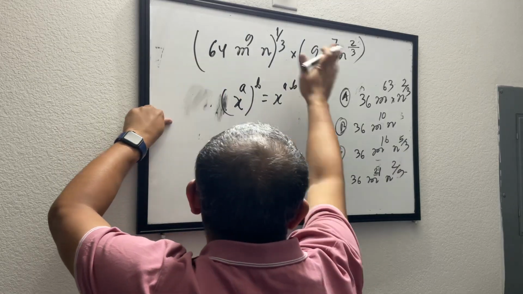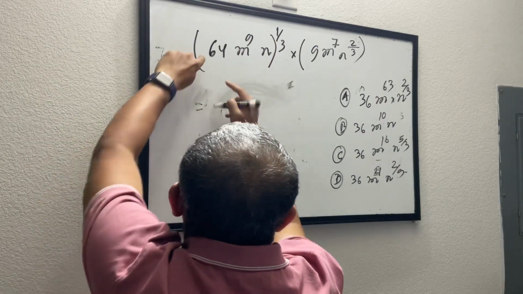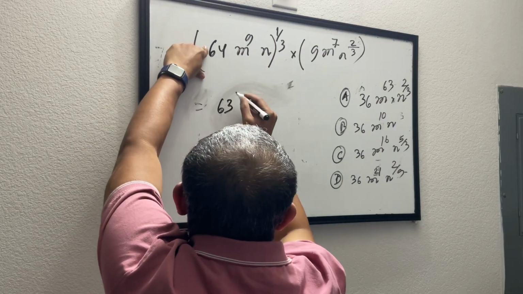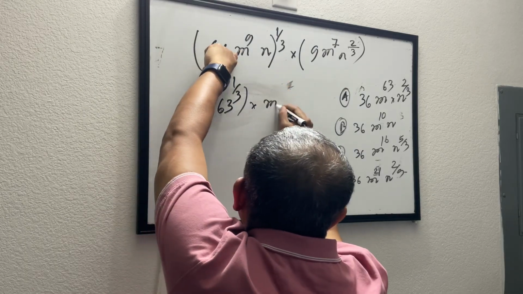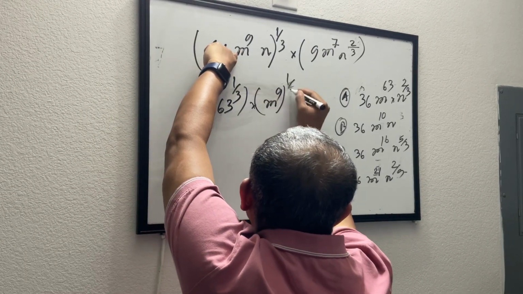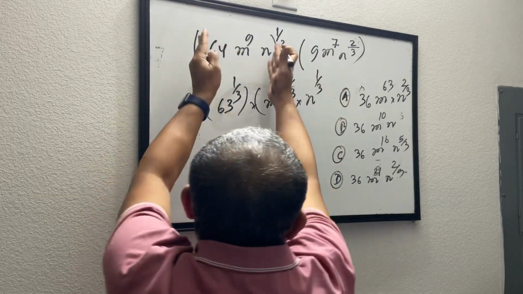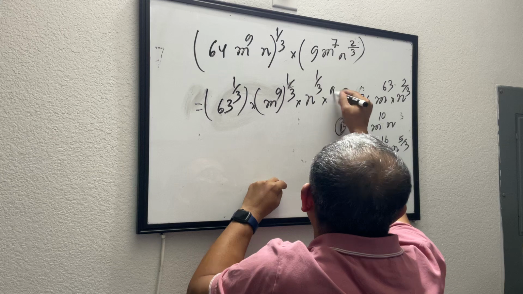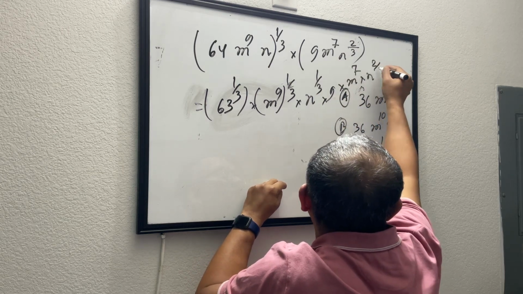We'll apply the same thing for all of them. So this whole thing, if I break it down, this becomes 64 to the power 1/3 into m to the power 9 to the power 1/3 into n to the power 1/3. This part. Now this one is 9 into m to the power 7, n to the power 2/3.